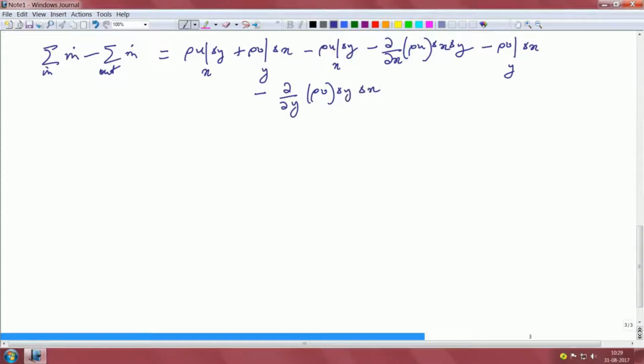As you can see, most of these terms will drop out because you are expanding it.